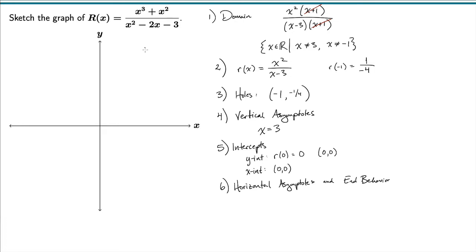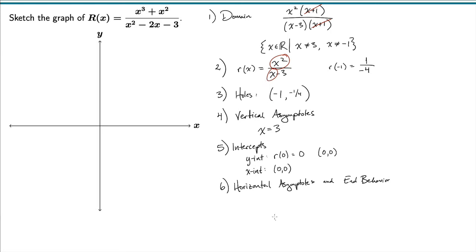So we start by looking at the degree of the numerator and denominator. We've got an x squared up here over an x there. The degree of the numerator is bigger, and that tells us that we don't have a horizontal asymptote. However, the degree of the numerator is exactly 1 bigger than the degree of the denominator. So that tells us we do have a slant asymptote.